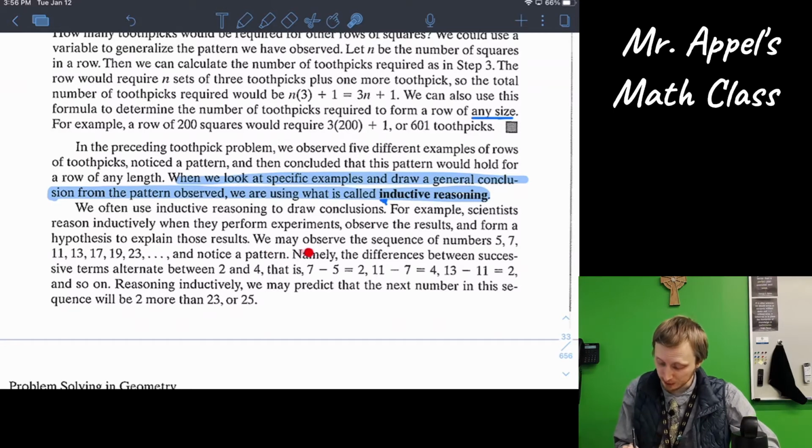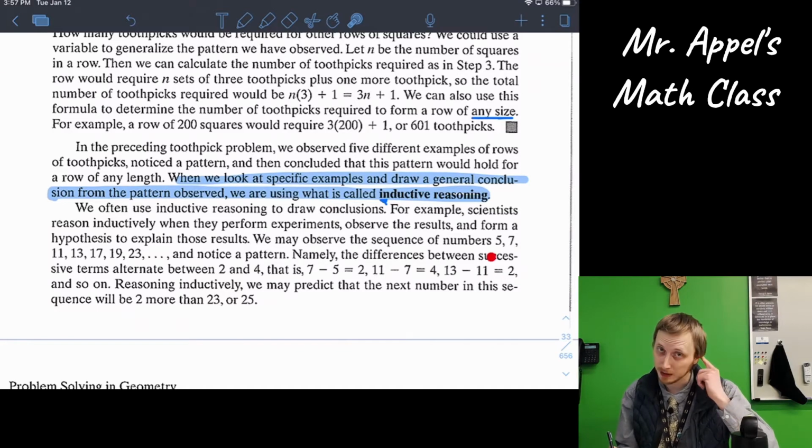Mathematically now, we may observe the sequence of numbers 5, 7, 11, 13, 17, 19, 23. Notice a pattern. The differences between successive terms alternate between 2 and 4. That is, 7 minus 5 is 2, 11 minus 7 is 4, 13 minus 11 is 2, and so on.